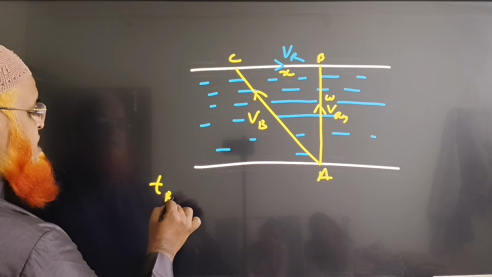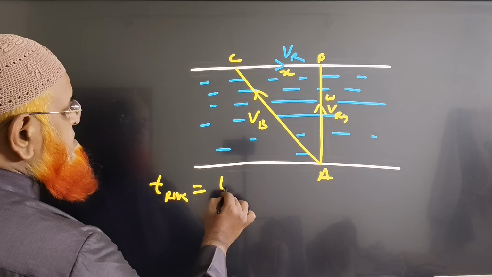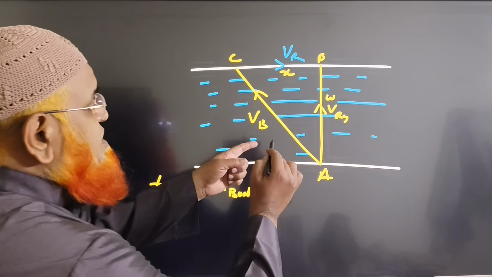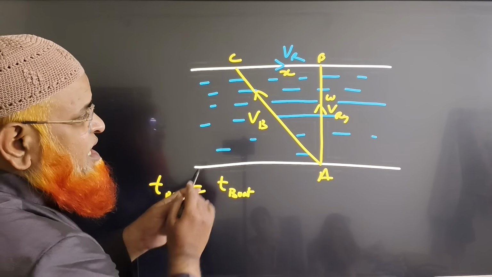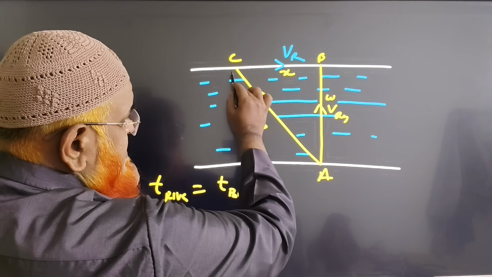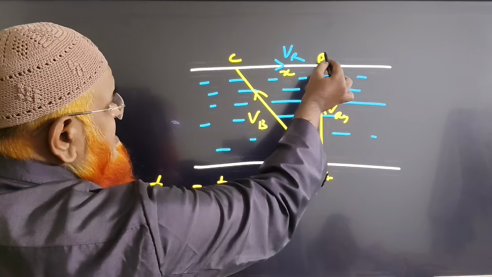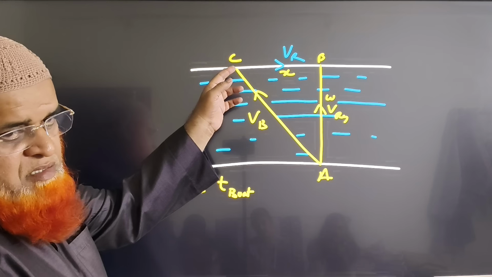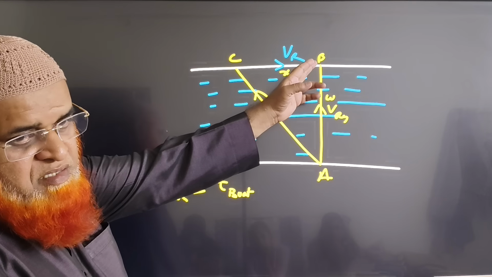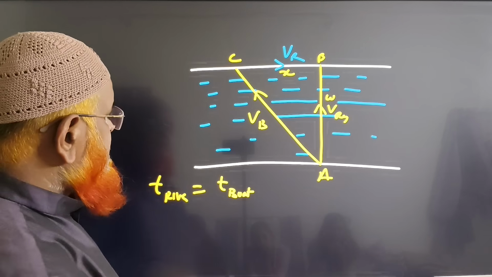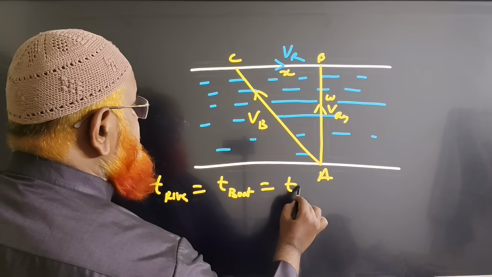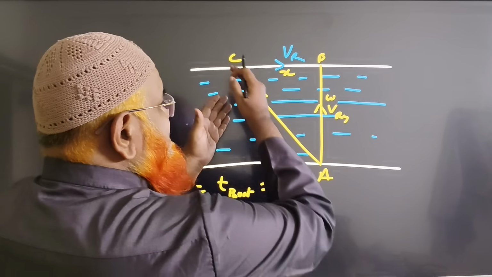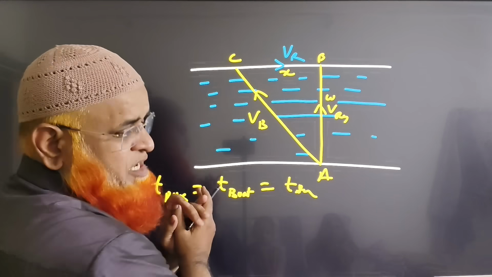So, time taken by the river and time taken by the boat. In how much time the imaginary boat is reaching here, in the same time your river is also reaching here. In the same time the resultant velocity is also going there. This imaginary distance, this real river distance, this is the resultant distance. So try to imagine if the boat has aimed here, this time should be small.